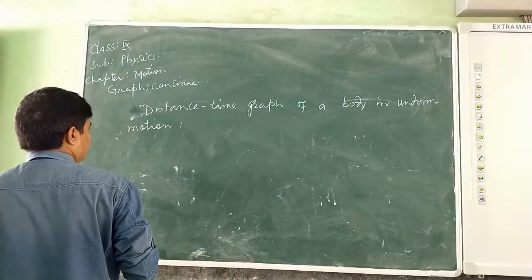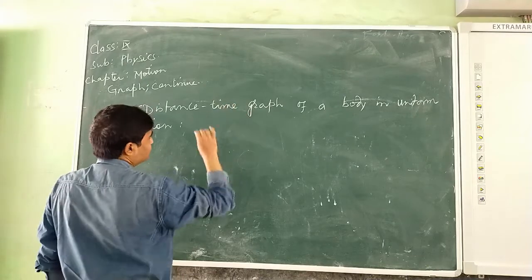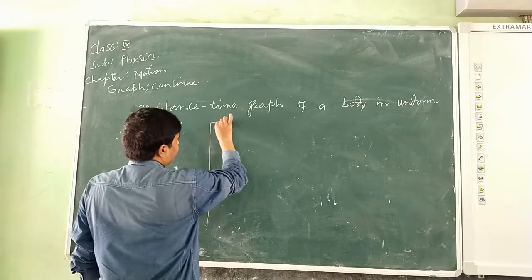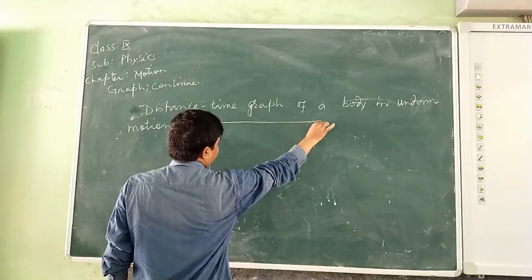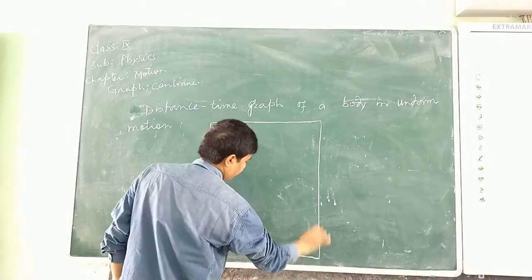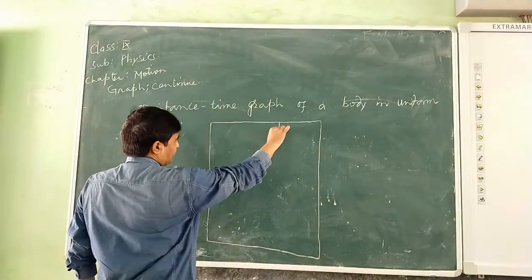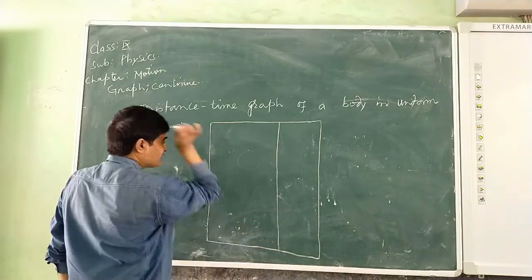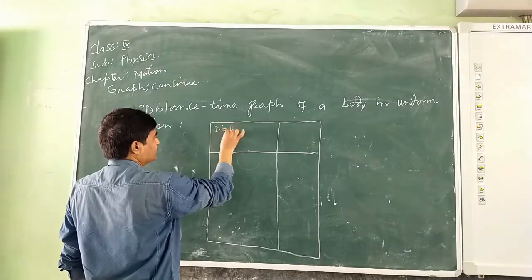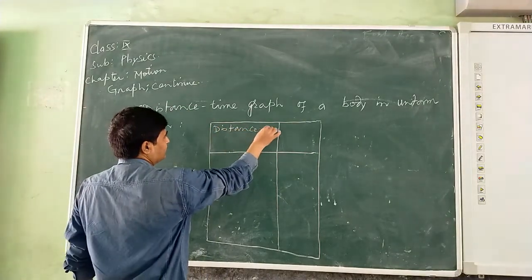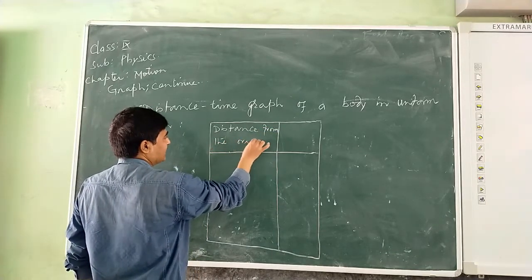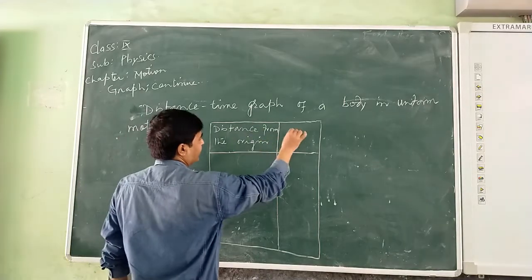At first, we will form a distance time table. We take unit time interval and distance from the origin, which is equal in each equal interval of time, as uniform motion is defined. One part of the table is distance from the origin and the other part is time.